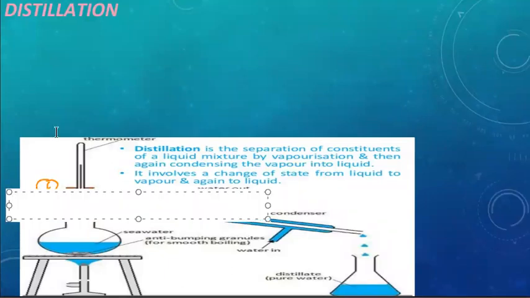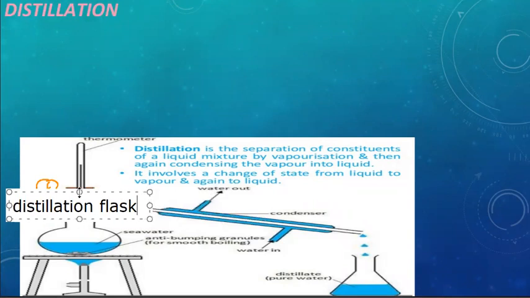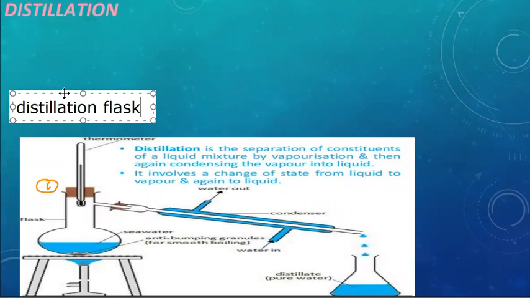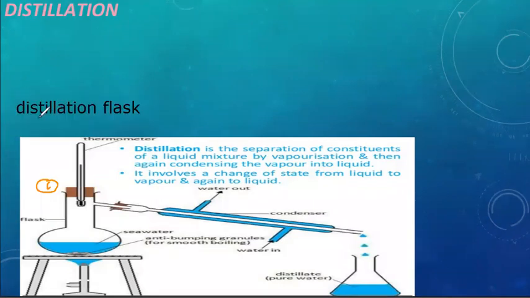This particular apparatus is known as a distillation flask. It is exactly like a round bottom flask, but it has an arm to it, right? So this is a distillation flask, and it has an arm to it.